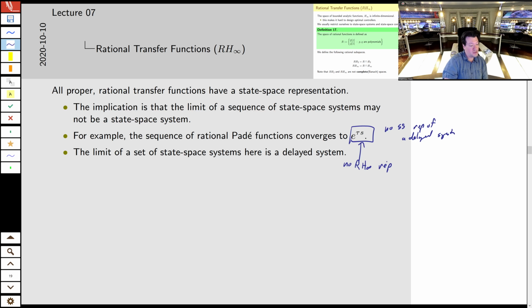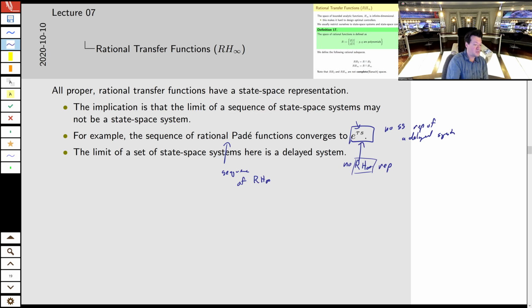However, using this norm that we've defined, the H infinity norm, we can define a sequence of rational transfer functions which actually converges in that norm to this exponential. Of course, this is not in RH infinity, and so that's where we lose this property of completeness.